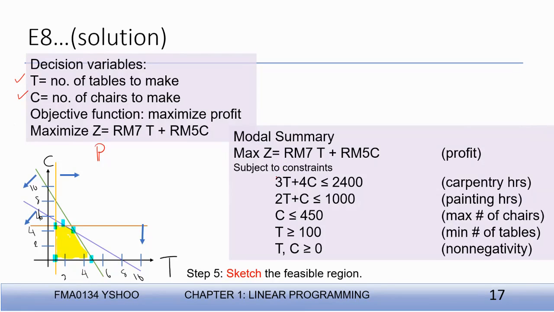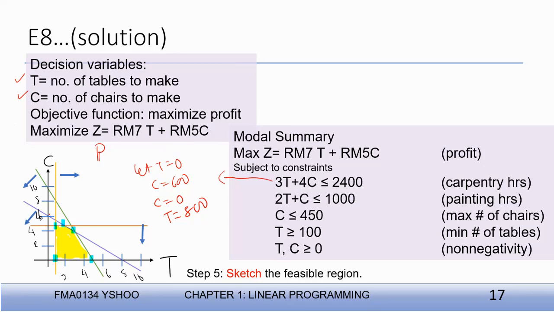If you want to plot 3T plus 4C, what we do is let T equal 0. Then your C is 600, so this stands for 600. And then let C equal 0, your T equals 800, so T equals 800.